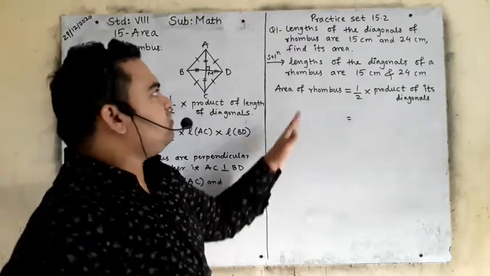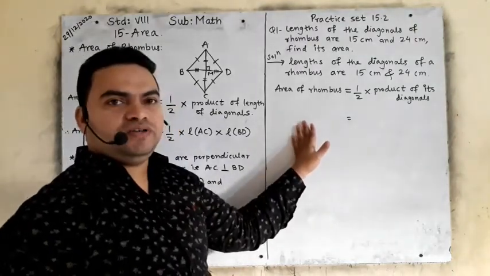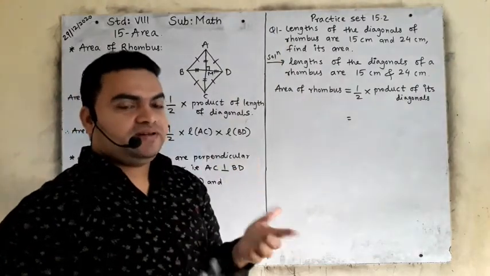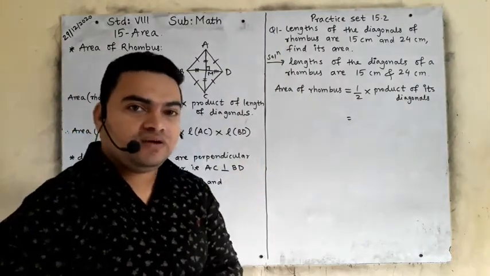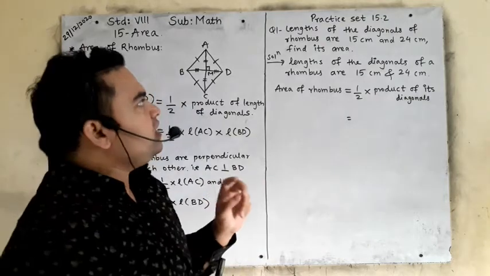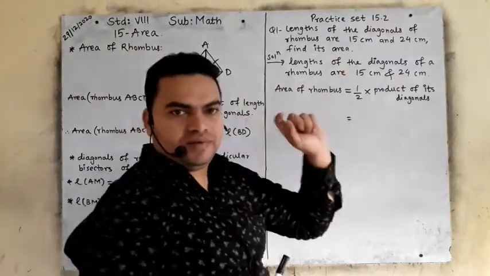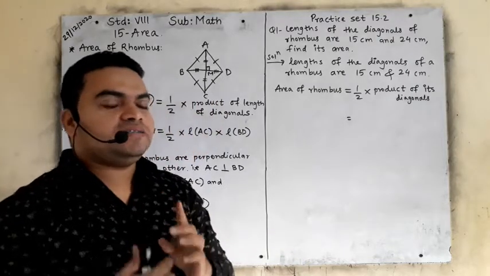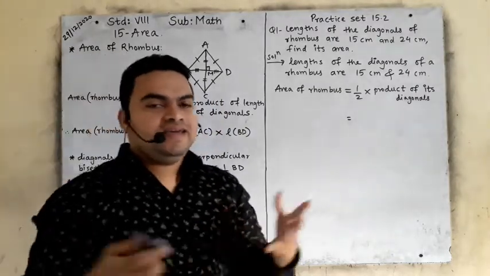So my dear students, now we will see practice set 15.2. Question number 1. Lengths of diagonals. How many diagonals? Two diagonals. The lengths of the diagonals of a rhombus. Here we are talking about which quadrilateral? Rhombus. And do you know the area of a rhombus? Yes.